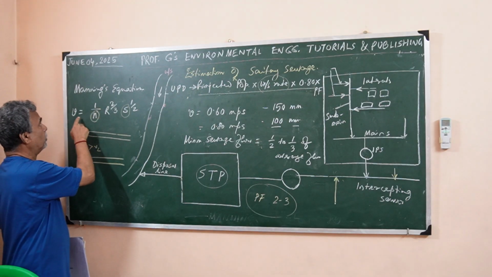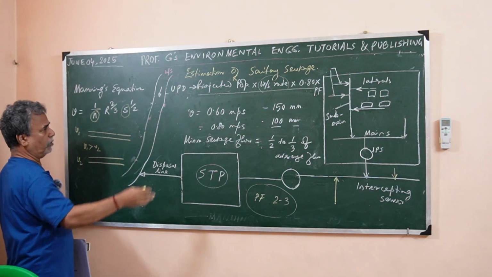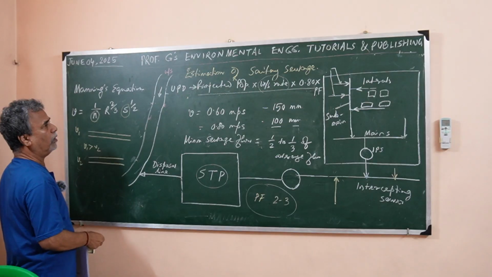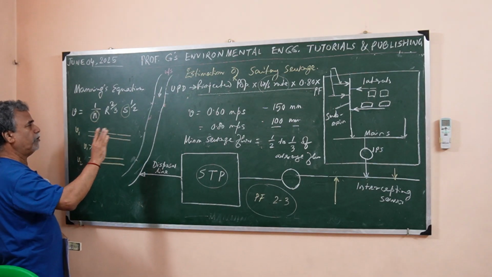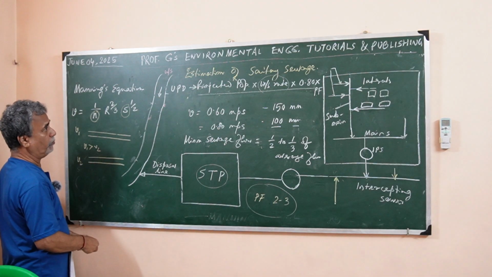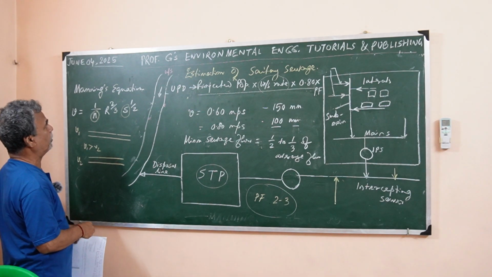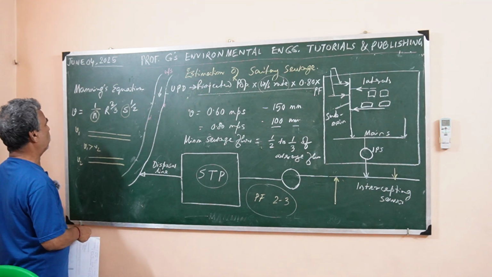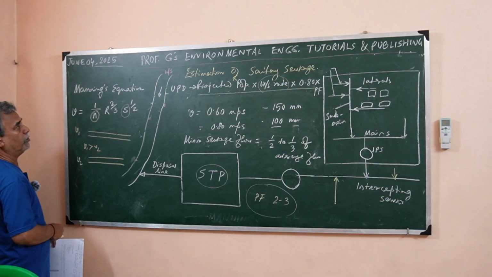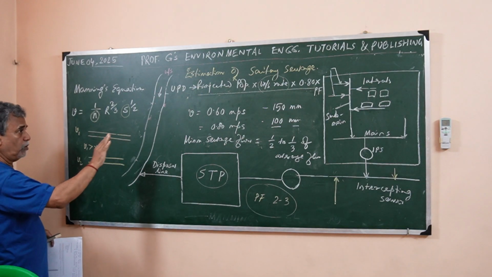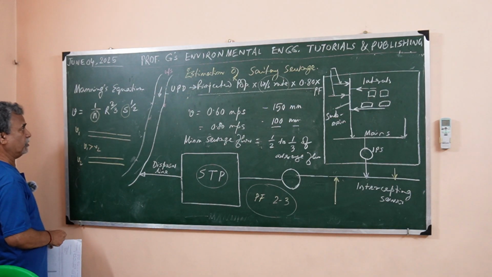In case of Manning's equation, I will discuss in more detail when we take up the design, and the full design we will work out, which for your practice would be very helpful for those who will be taking this course. The full design we will discuss in more detail.